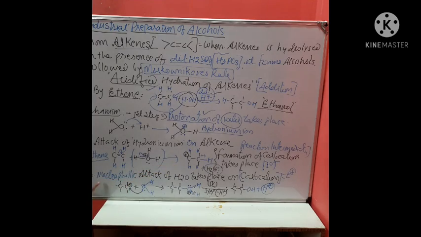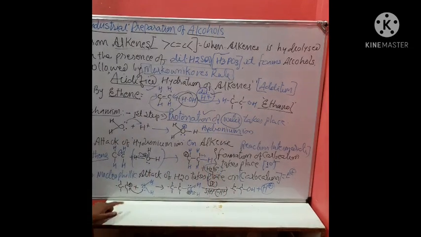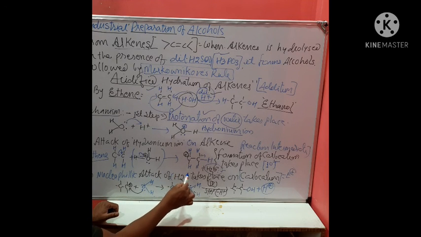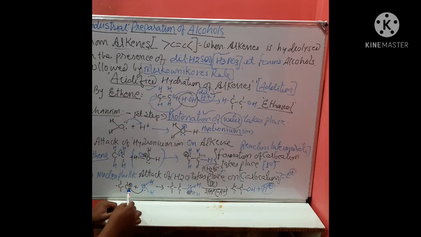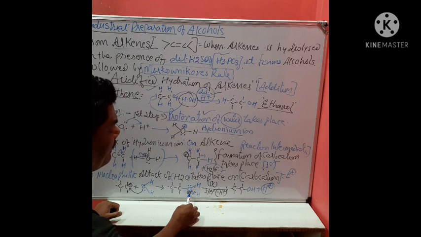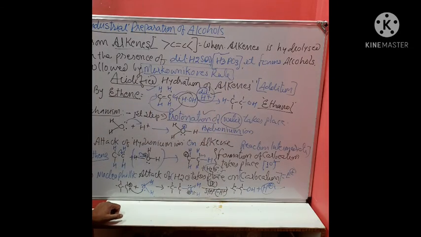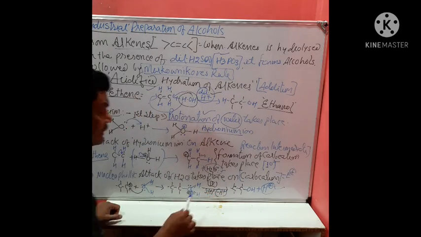Now, in the third step, the water released from the second step will act as a nucleophile, and this nucleophile, the water, will attack the carbocation. So it will form again one of the highly reactive species, which is highly unstable. From this unstable species, one of the hydrogens will be released in the form of H cation, and thus formation of ethanol takes place.